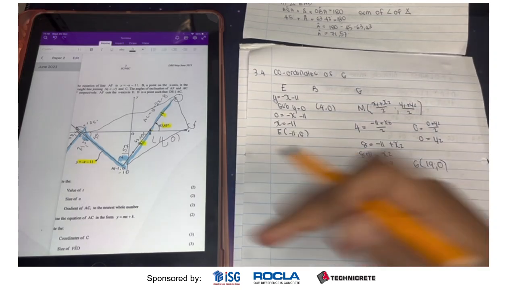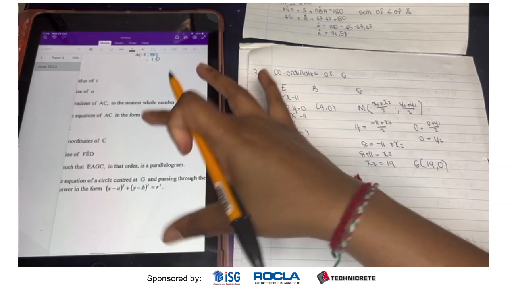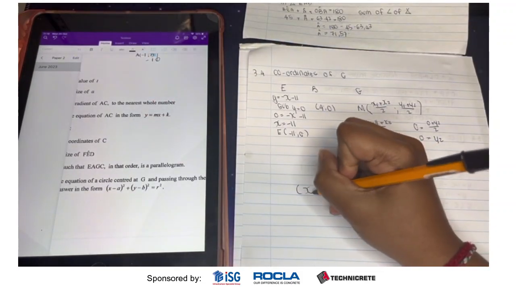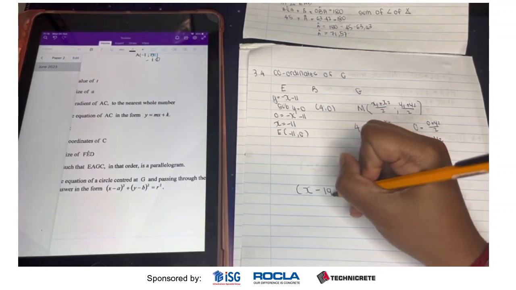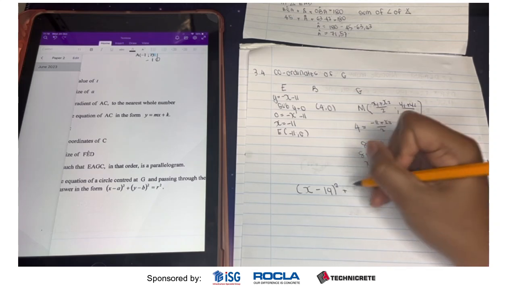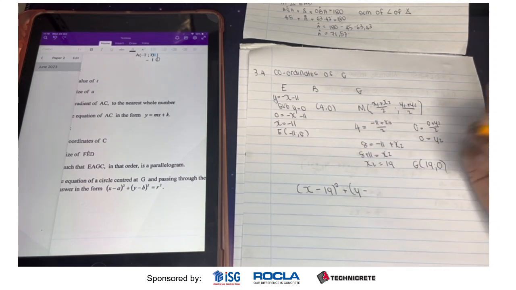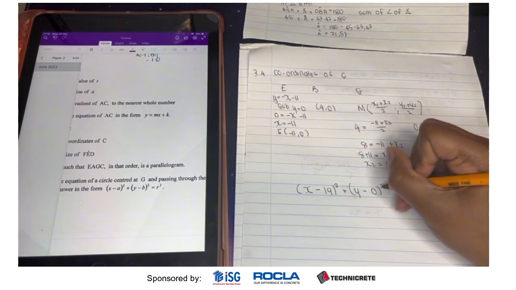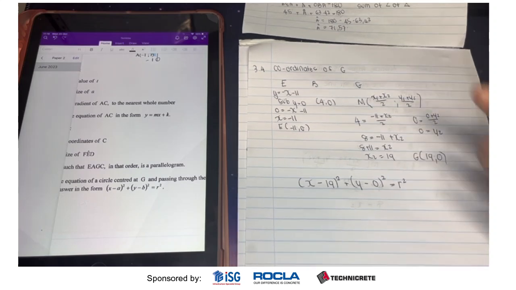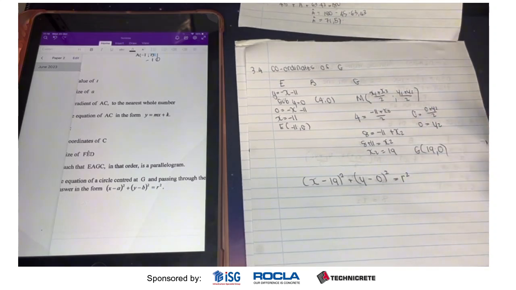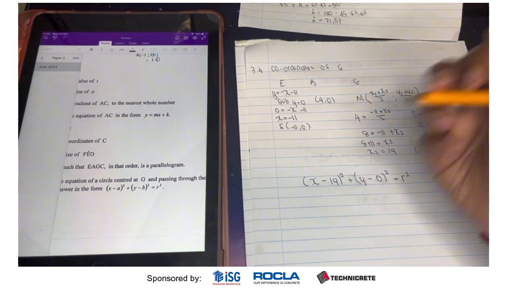Now that we have that, we can substitute into the equation that we have here. So X minus 19 squared plus Y minus 0 squared is equal to R squared. What values are we going to substitute to find R? Let's use B because it's 4, 0.